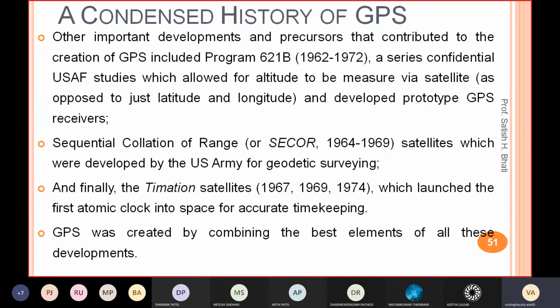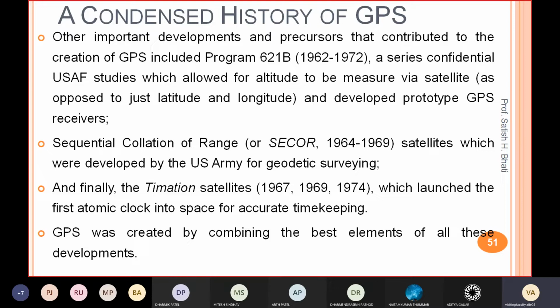Not only Transit, but apart from that, some other programs: Program 621B, then SECOR, the Sequential Collation of Range, and the Timation satellites.